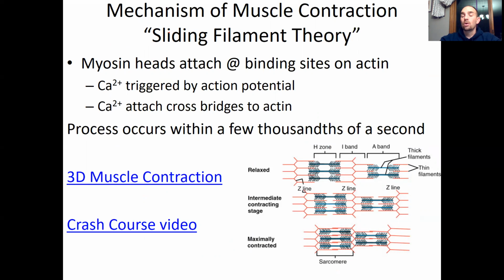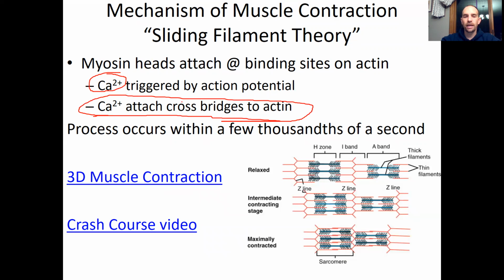Okay, so when those neurons fire and it causes the muscle to start to contract, what's really happening inside of there is calcium, which is stored in the sarcoplasmic reticulum. Calcium is released from the sarcoplasmic reticulum. And what it does is it allows those myosin heads to attach to actin.